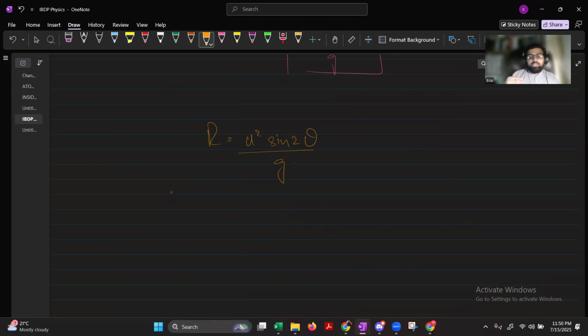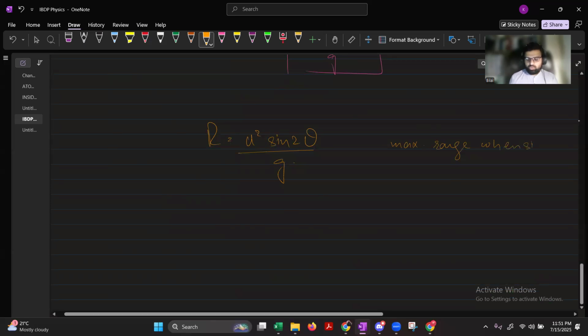If we neglect air resistance, in that case we can get the maximum range when sine of 2 theta is equal to 1. We know that the answer of sine lies between +1 and -1.